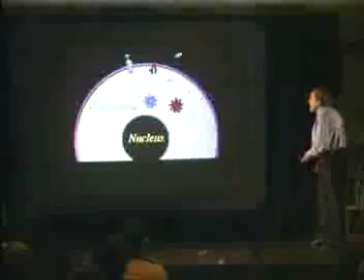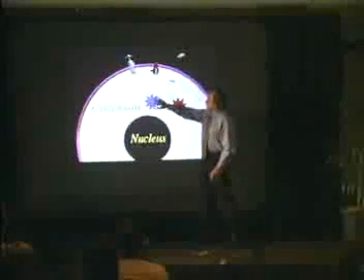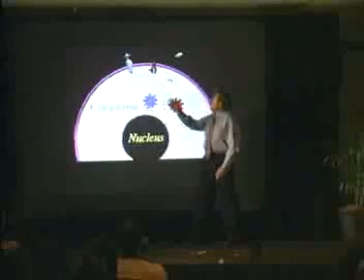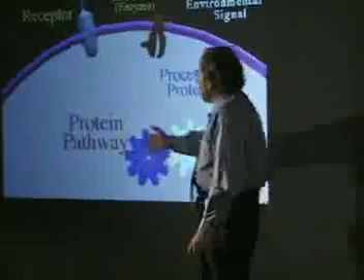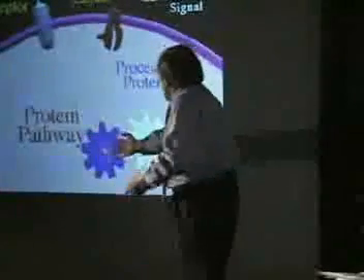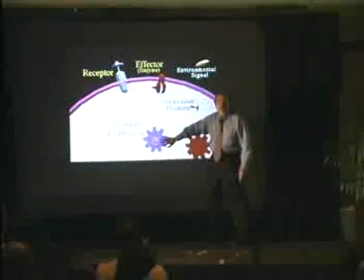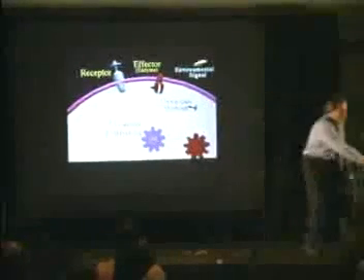So let's just see how this actually works. So basically, here are proteins in the cell. Let's say that these proteins carry out a specific function, respiration or digestion. We call it a pathway. So let's say it's a muscle contraction. That these proteins, when activated, what activates the protein? The signal activates the protein.